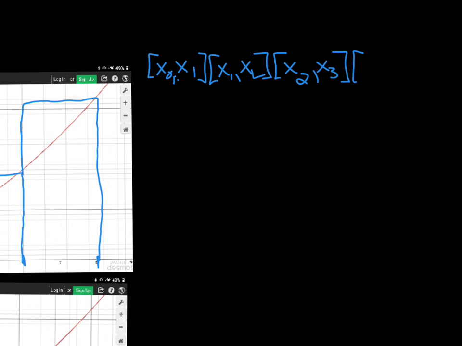Right, and we're talking about these. Right, there's our 4 subintervals. And so for every single one that we just drew, left, right, midpoint, our subintervals are exactly the same.